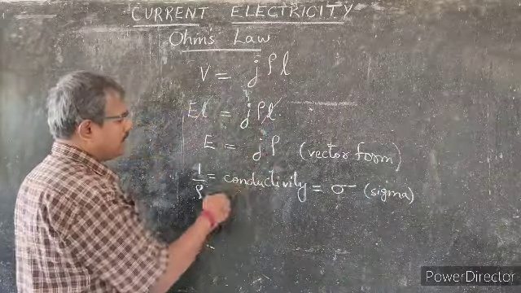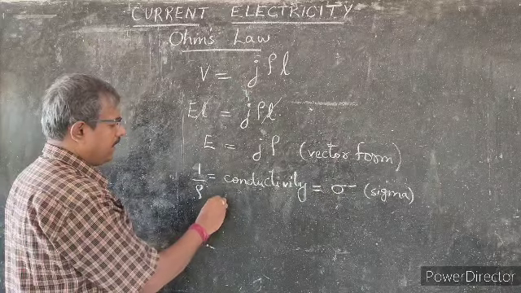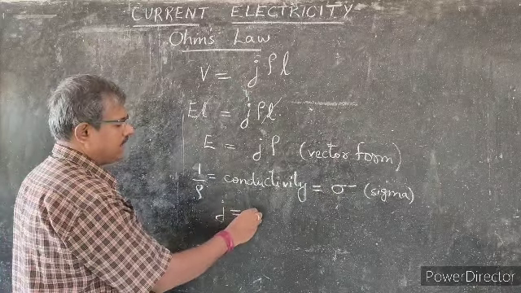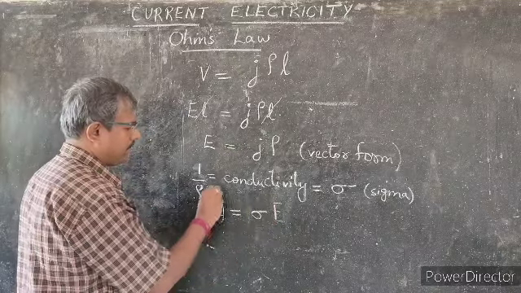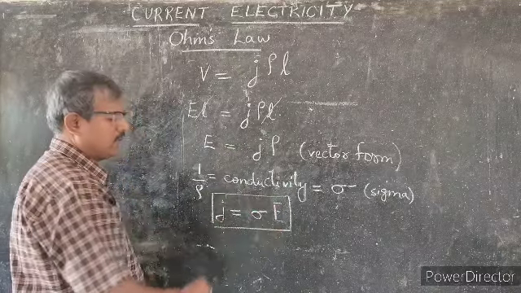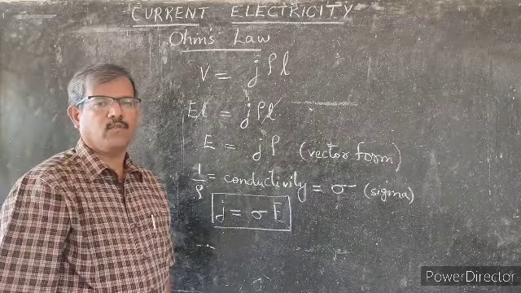So if I put this over here, then I get the new equation J is equal to sigma E, which is one of the forms of Ohm's law.